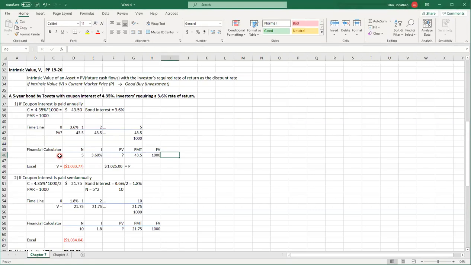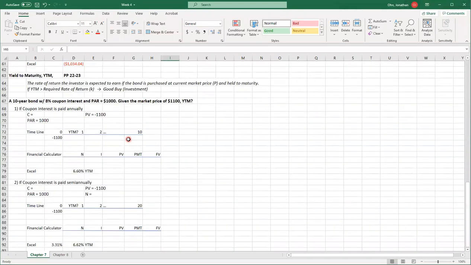So if you buy at $1,025, in the near future you will get some profit, right? You will get some free lunch. That's why I'm saying this is a good investment, and that's why you have to buy them. All right, that's what that means.